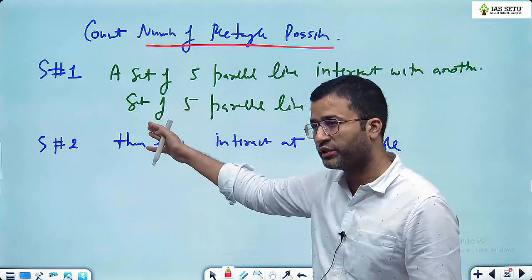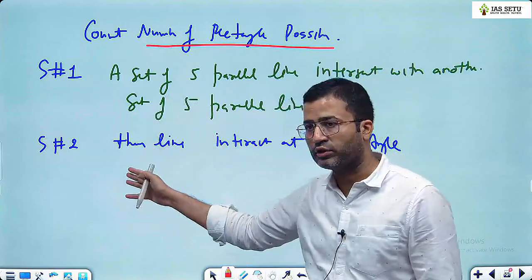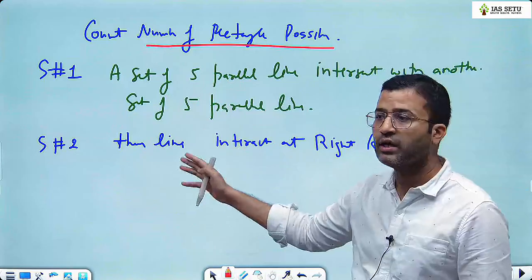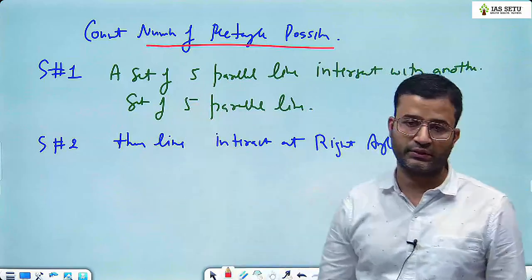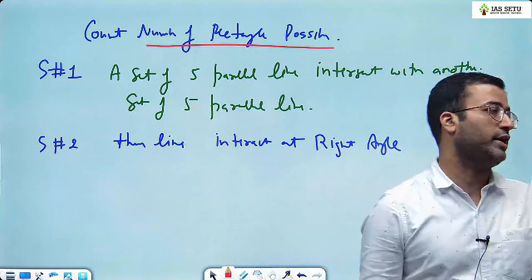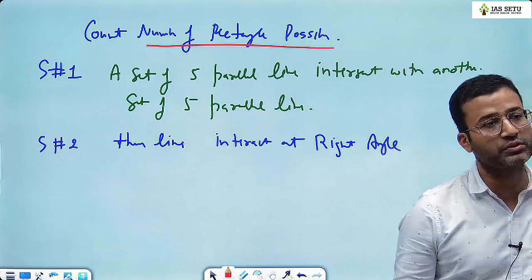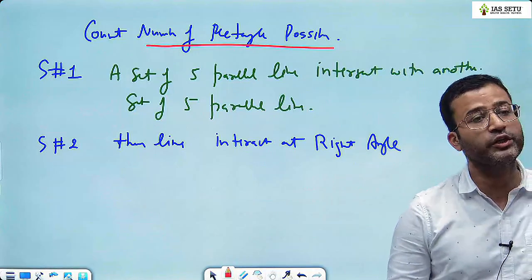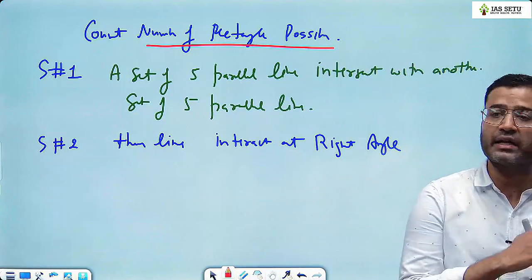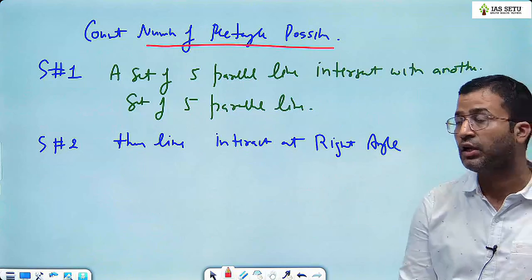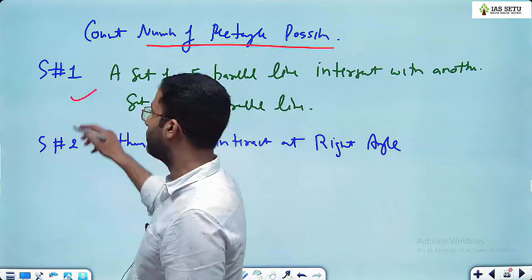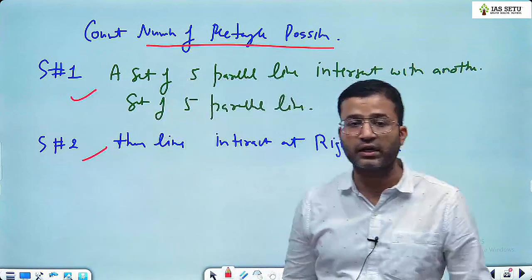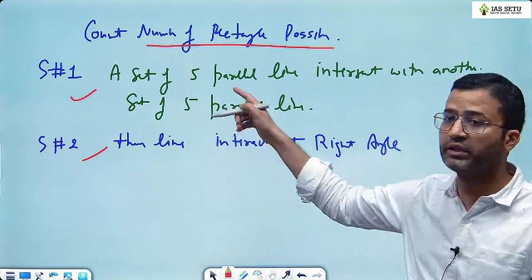Statement 1 alone is sufficient. Statement 2 alone is sufficient. Both are required. Both are not sufficient. Both are required. No. Can you find it with the help of statement 1 alone? No, because we don't know the angle. For a rectangle, the angle has to be 90 degree. So now we need both statements to find how many rectangles are there. Now you tell me how many rectangles will be there now? 100.